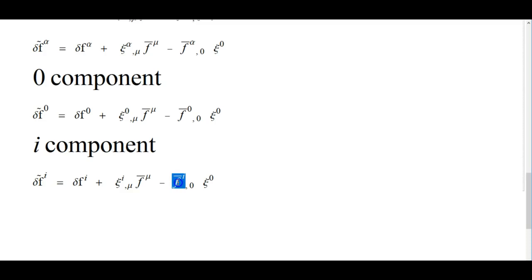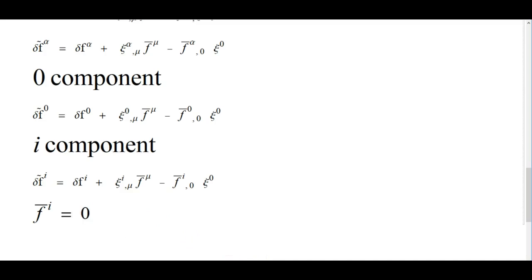F bar I is 0. This we can easily see. F bar mu is not 0. F bar mu has 4 components: f bar 0, f bar x, f bar y, f bar z. So f bar mu is not 0 because it has a non-zero component, which is f bar 0. But f bar I is 0. This is a 0 vector.